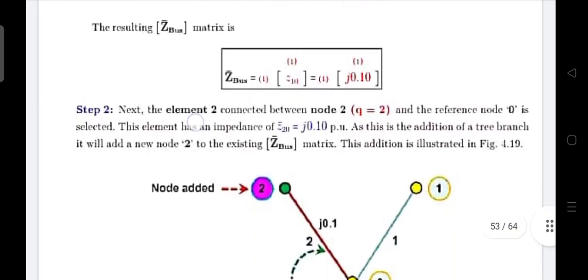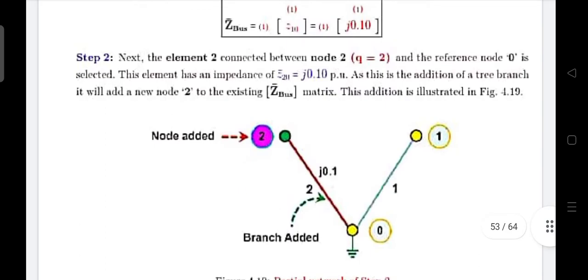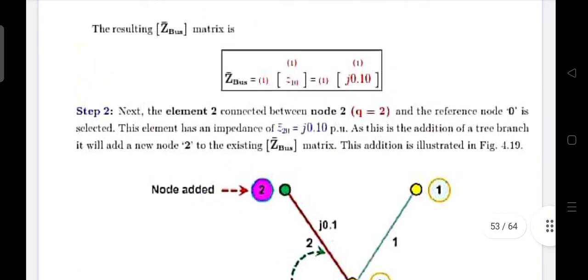Now for the second step, we are adding a new bus, the second bus, to the reference bus. Again we are adding a bus to the reference bus, so the diagonal value will be the same as this new bus impedance, and the row and column will be 0.